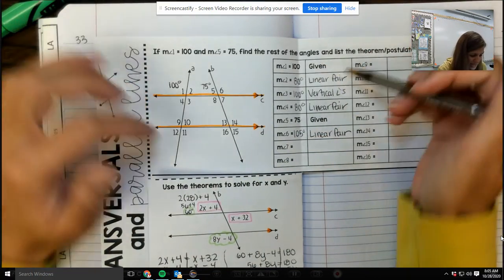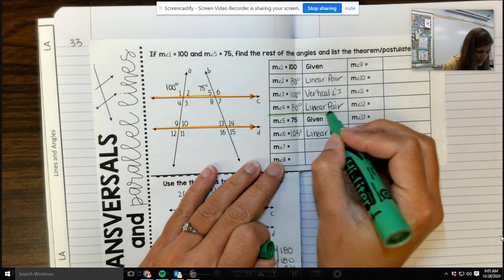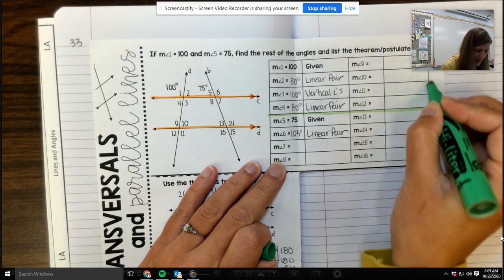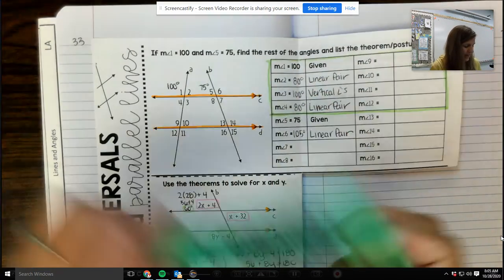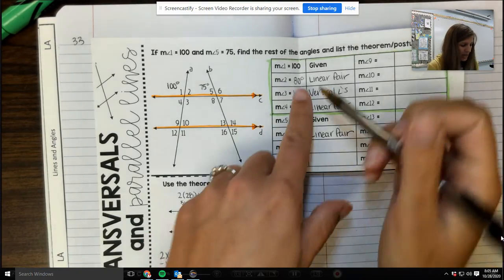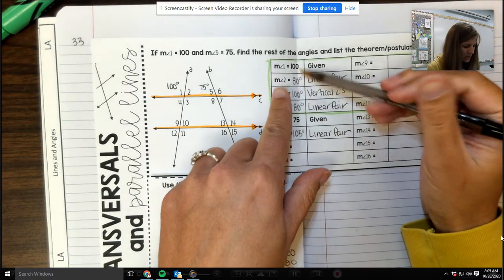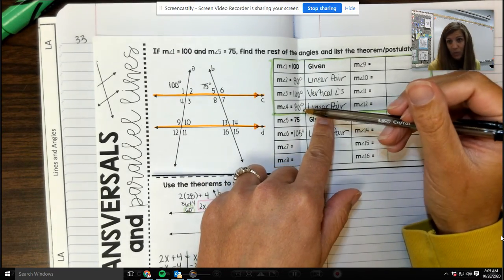So this is kind of confusing, but I'm going to draw a line through here. So all of these top angles are going to refer to angle 1, and all the bottom angles are going to refer to angle 5. So you're going to see what I mean in just a second. So I was always referring back to angle 1 to say why the angle measured what it measured.